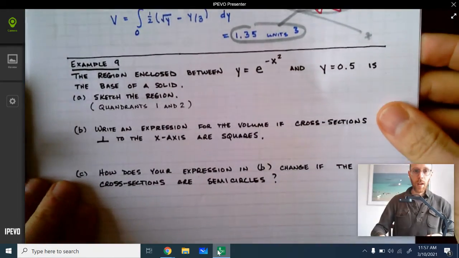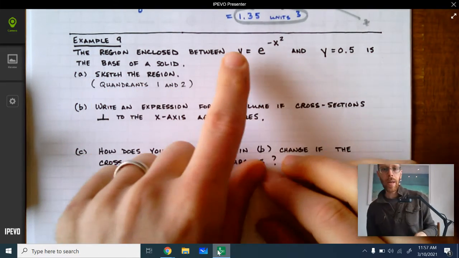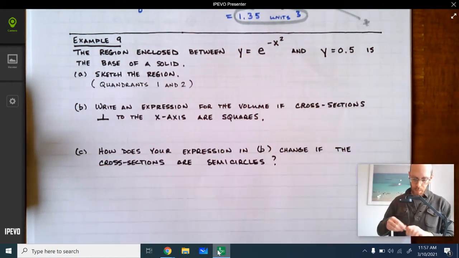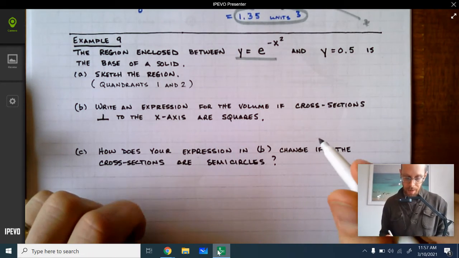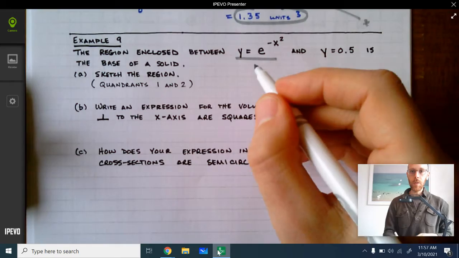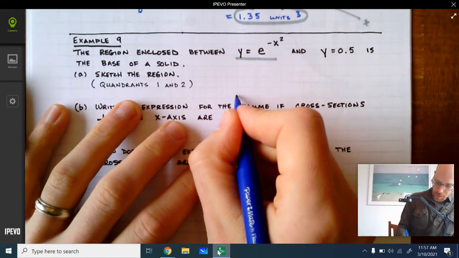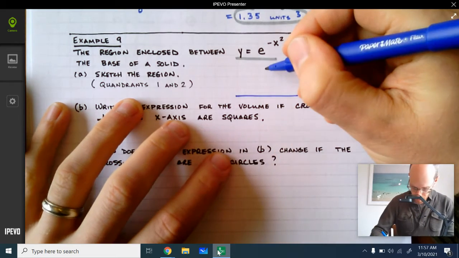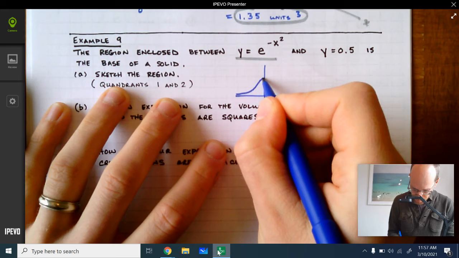Okay, moving along, let's try one more. Take a look at example number 9. We're working with the region that is enclosed between y equals e to the negative x squared, which those of you that know stats, this will be very familiar to you. This is the normal curve.